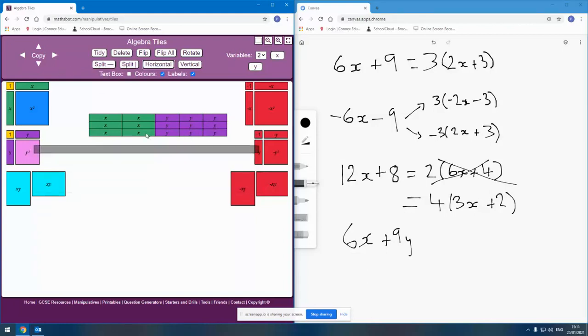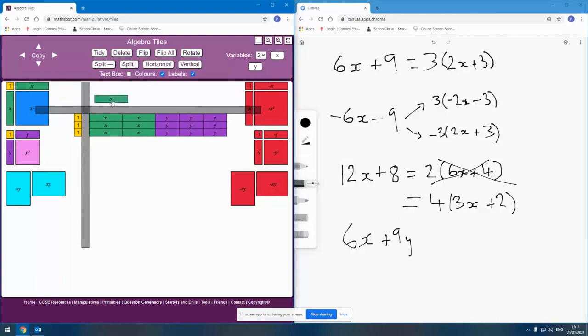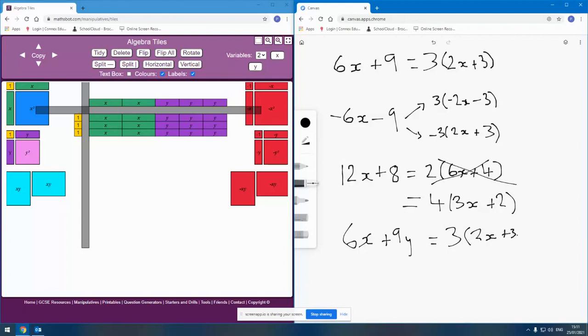So if you don't have the second variable tile, it might be that you can only do this sort of showing kids on the screen. But again, we can see that that still has a width of 3, but now the length is 2x plus 3y. And we can make the link back to the first problem that I looked at there, can't we? That if the 9 has just become 9y, then the 3 is now just becoming 3y.